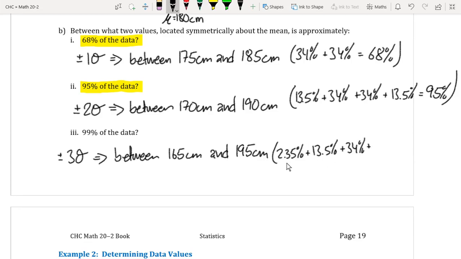So this is on the left hand side of the mean, below the mean. We go above the mean, add up the percentages. If we add up all those percentages, we're going to get 99. So 99% of the data is between 165 and 195 centimeters.